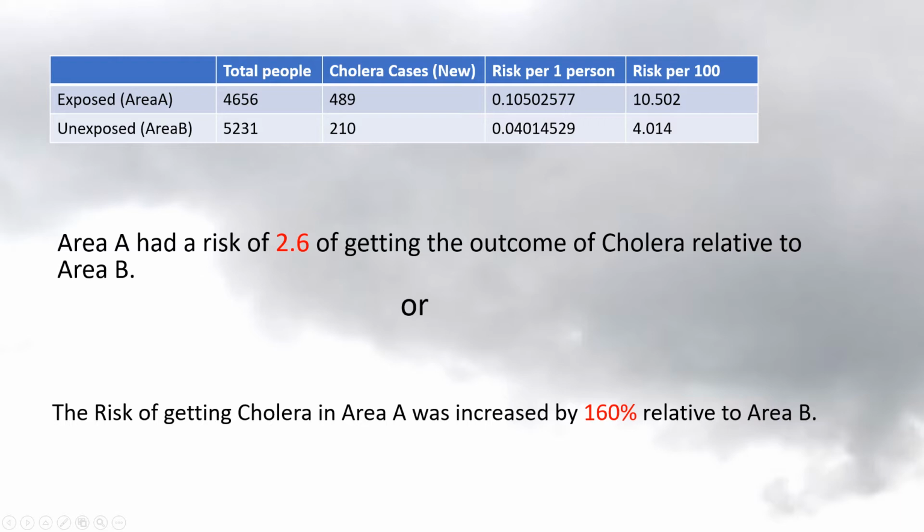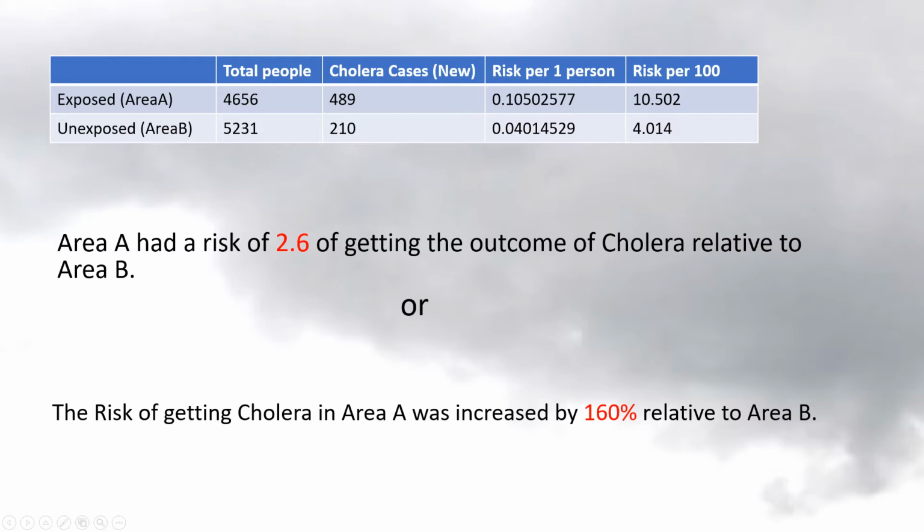Sometimes when you're trying to write these things out, it's easier to say increased or decreased just because of the sentence structure. It's saying you just had a risk of 2.6 of getting the outcome of cholera relative to the other area. It doesn't roll off the tongue very well. So people always want to chuck in more or less, but practically chuck it into a percentage.